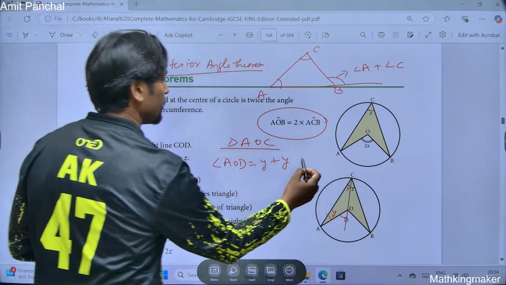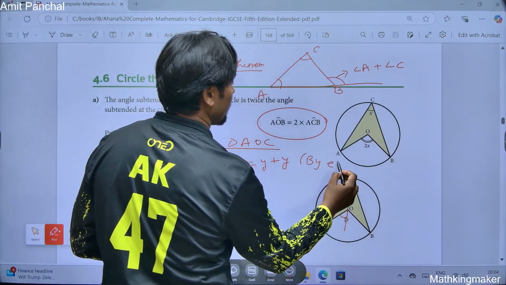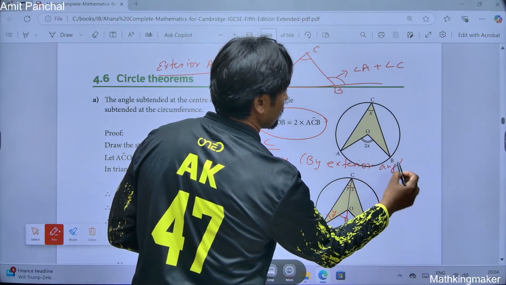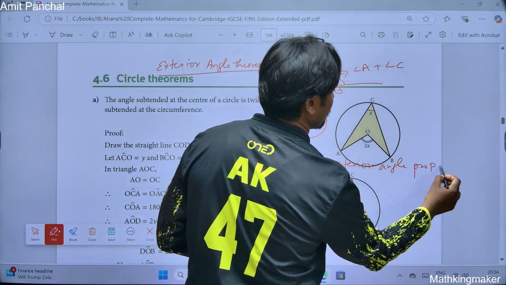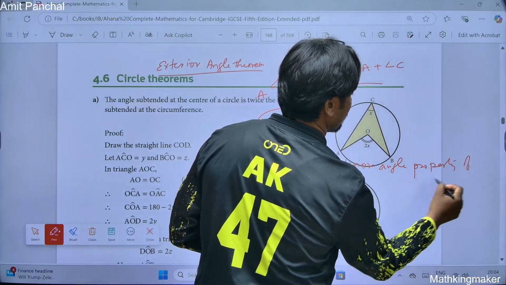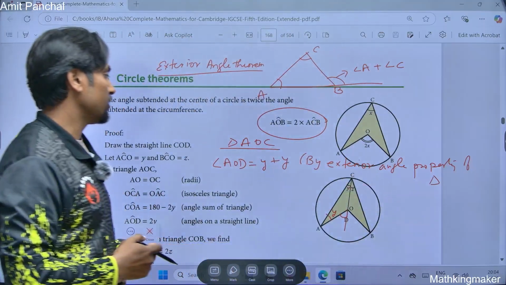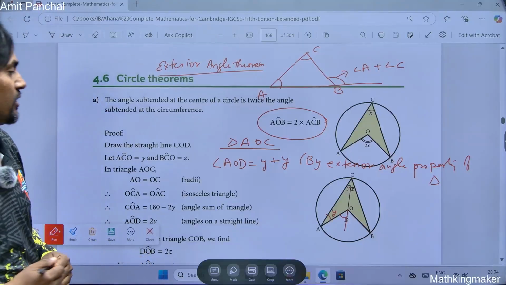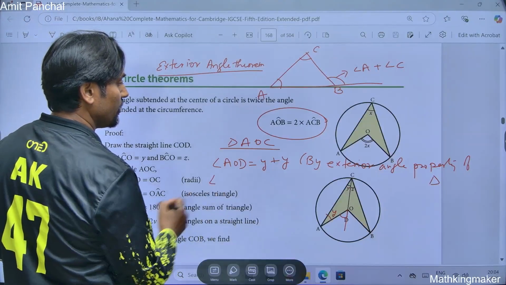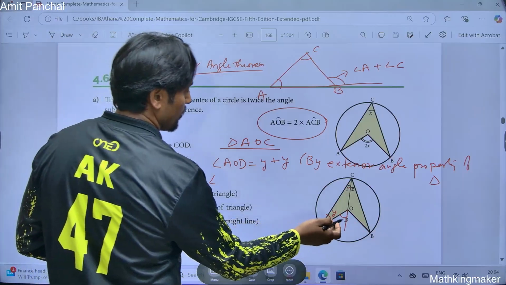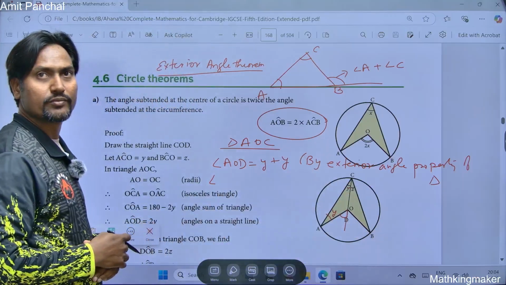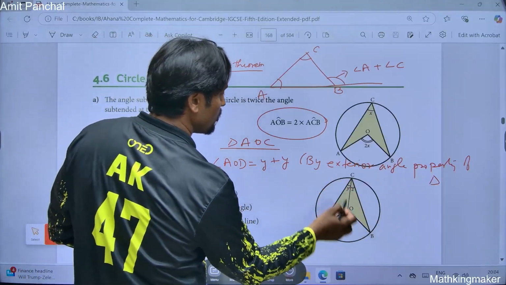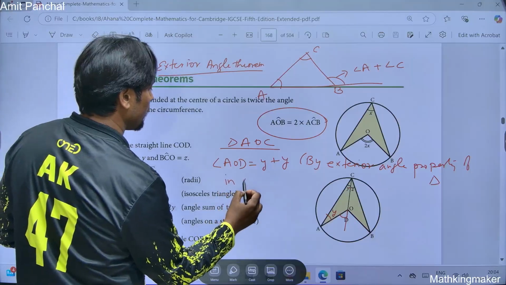By the exterior angle property of a triangle, your angle AOD is equal to Y plus Y. Now angle DOB. Just see the other triangle, that is BOC.